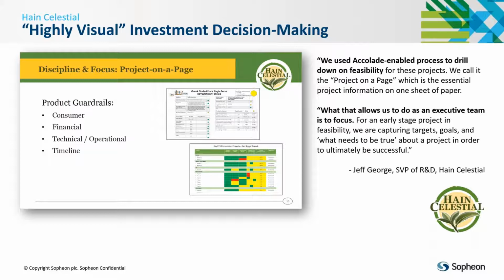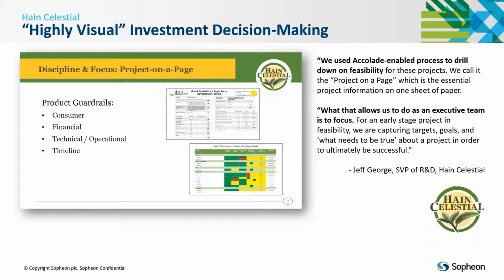So for those of you that saw that webinar, you may recall he talked about these project on a page formats that included information about consumer need, about financial risk and reward, about technical and operational feasibility and timeline.